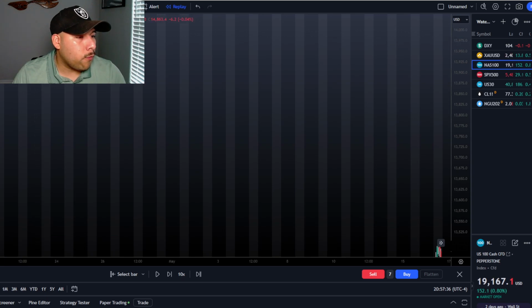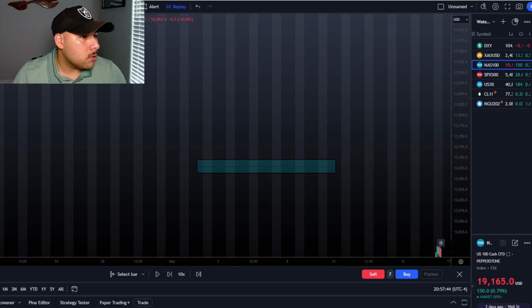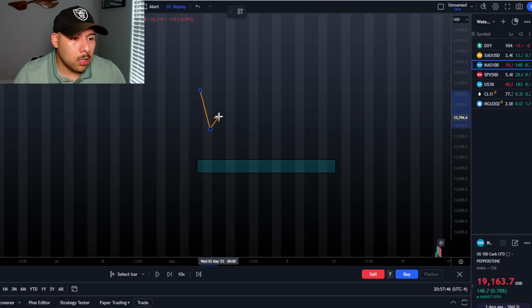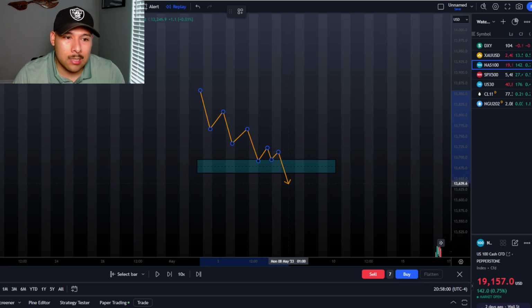For support, it's the same thing, just in the inverse. When price is making lower lows and lower highs, and it reaches a certain key level, known as a support area, it means there are a lot of buyers in this area that don't want the price to continue going to the downside.